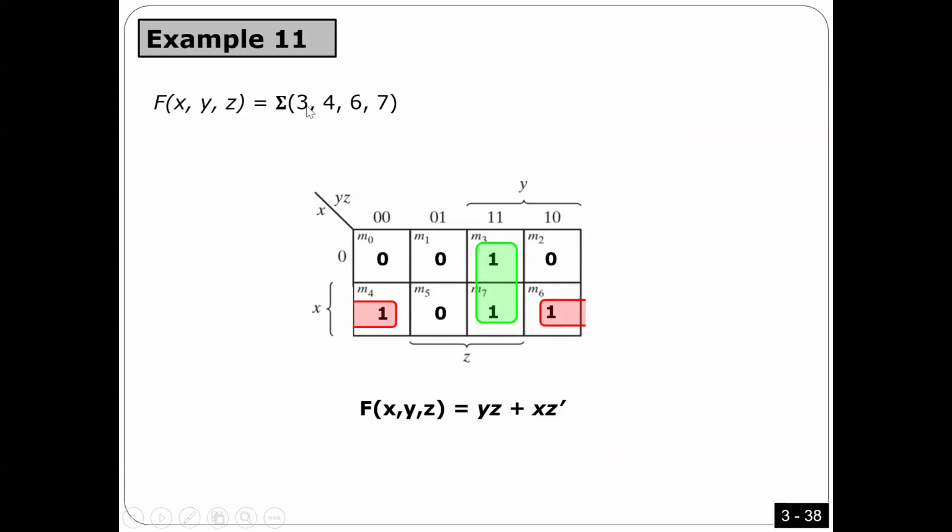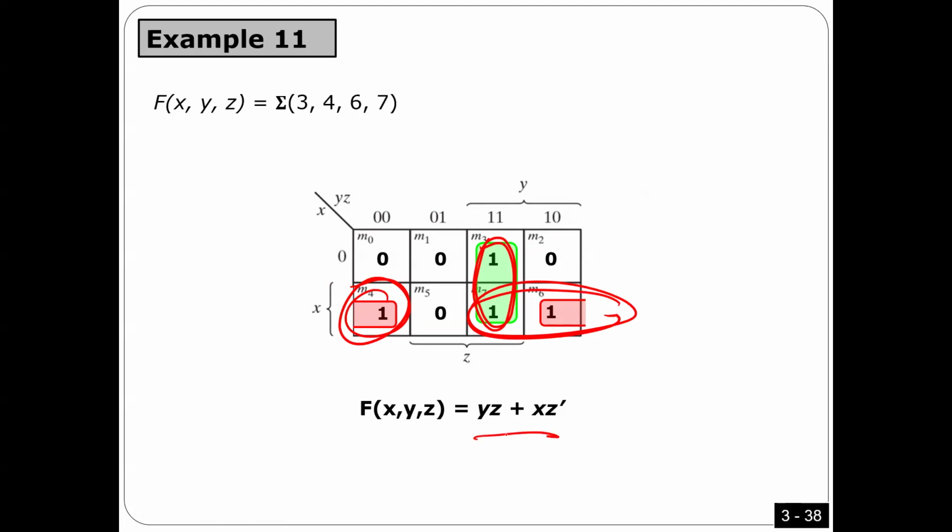I'm gonna put ones at 3, 4, 6, 7, as you see here. Let's look at groups. I think the best thing I can do here is take these two together. They are neighbors. For this one here, someone can say you can have more than one solution. No, you can't. Maybe some student will take these two together and then take this one alone. So now you have three terms.